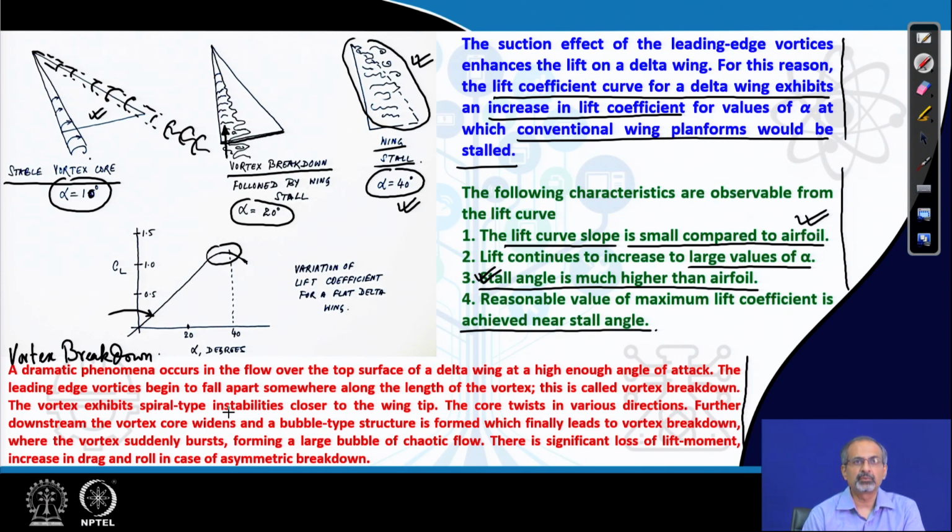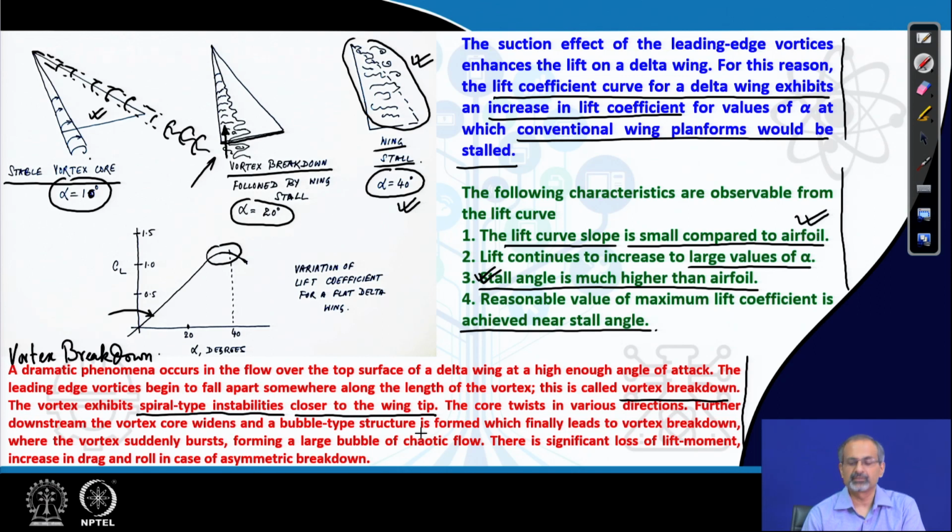So, it is a dramatic phenomenon which occurs in the flow over the top surface of a delta wing at a high enough angle of attack. The leading edge vortices begin to fall apart somewhere along the length of the vortex. This is what is called vortex breakdown, and the vortex exhibits spiral type instabilities closer to the wing tip. So, this is what we started noticing.